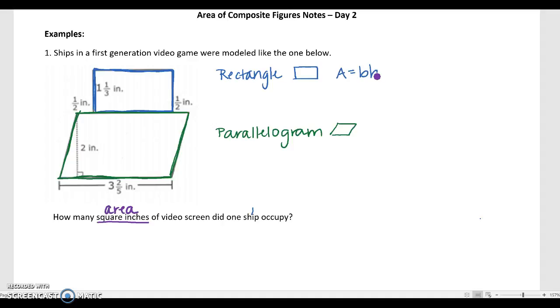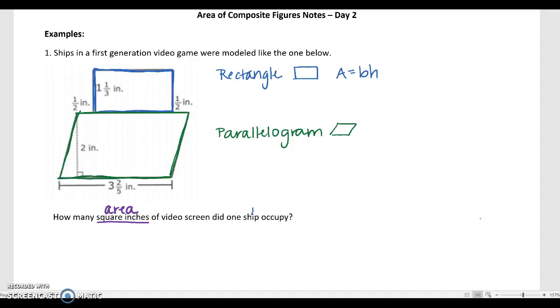So 3 2/5 is going to be this piece plus these two. Okay, so I know that I have a half here and 1/2 here. So 1/2 and 1/2 makes a whole, right?